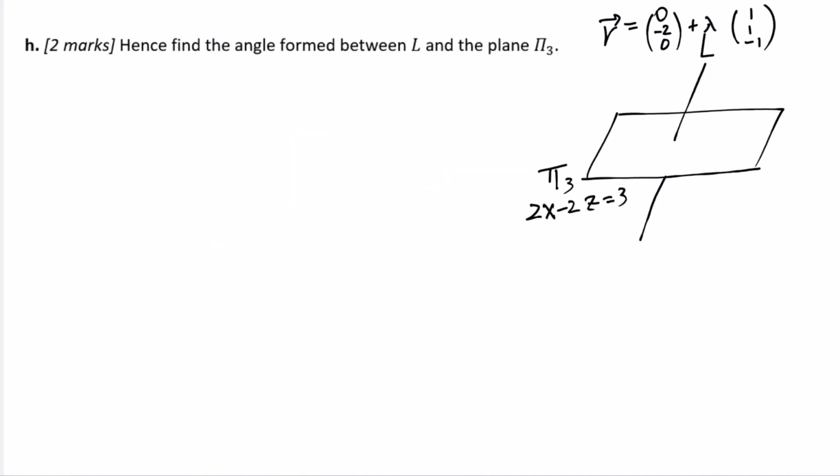Let's go to H. Hence, find the angle formed between L and the plane pi 3. Let's draw this diagram. The direction vector for this L is (1, 1, -1). The normal vector of the plane pi 3 is (2, 0, -2).